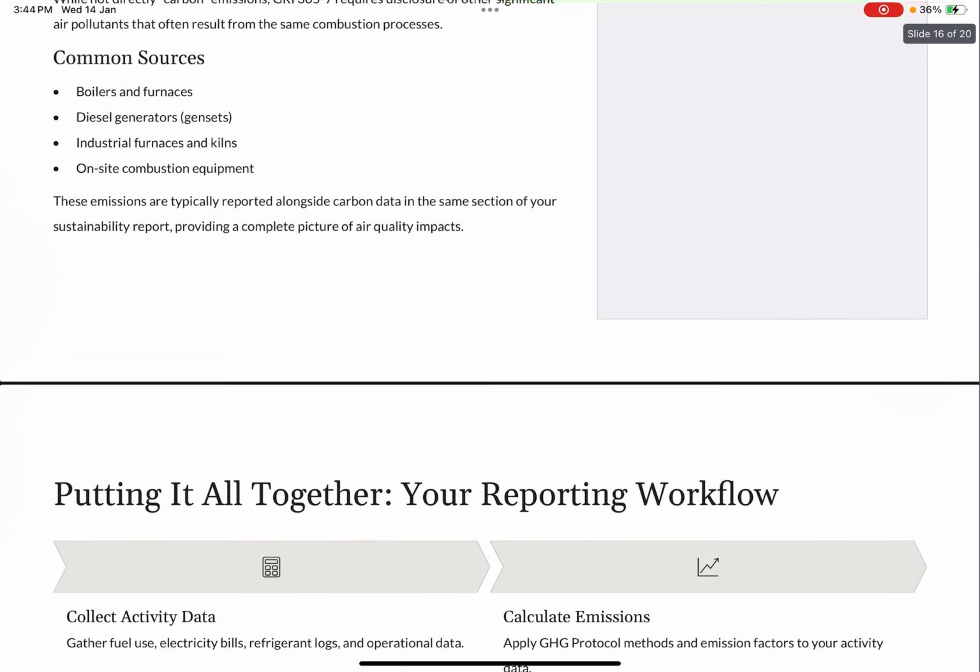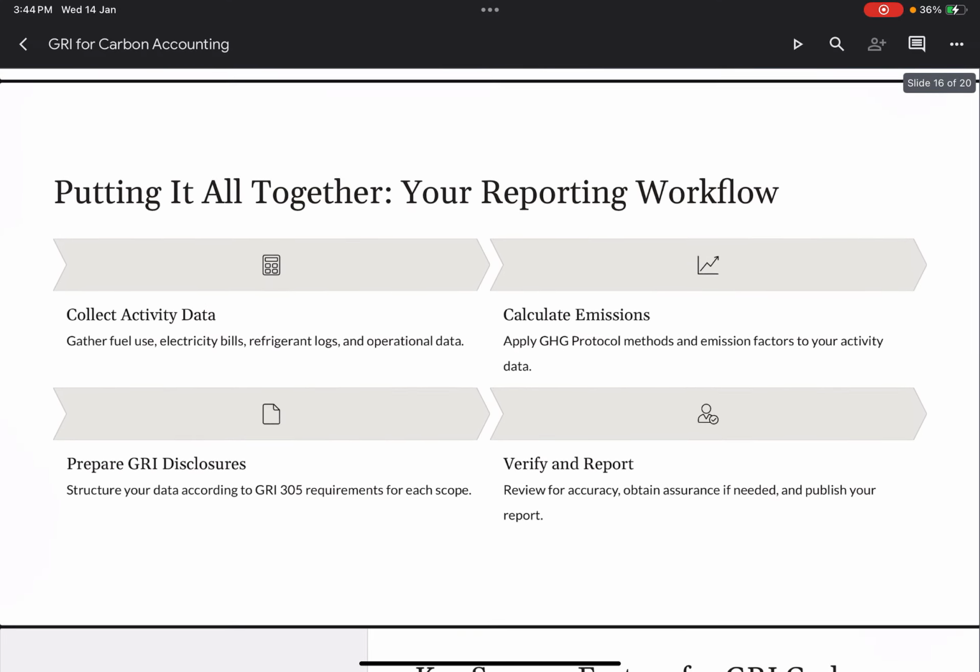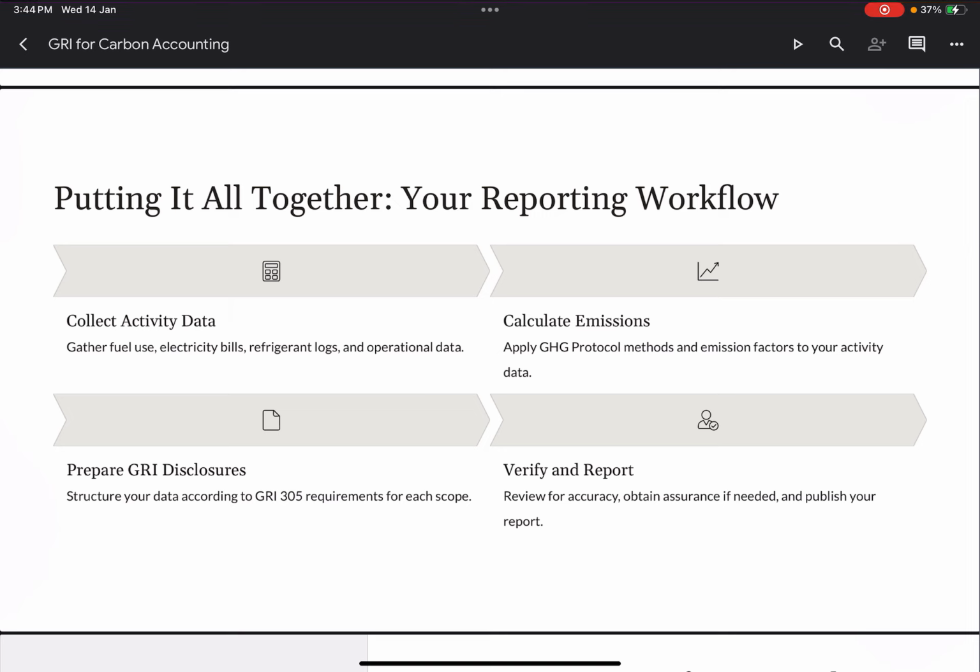So this is how your report would be, wherein all these GRI 305.1 to 305.7 would be included, and your report would have a flow where the activity data is collected, the emissions are calculated, and the disclosures are made in 305. Okay.